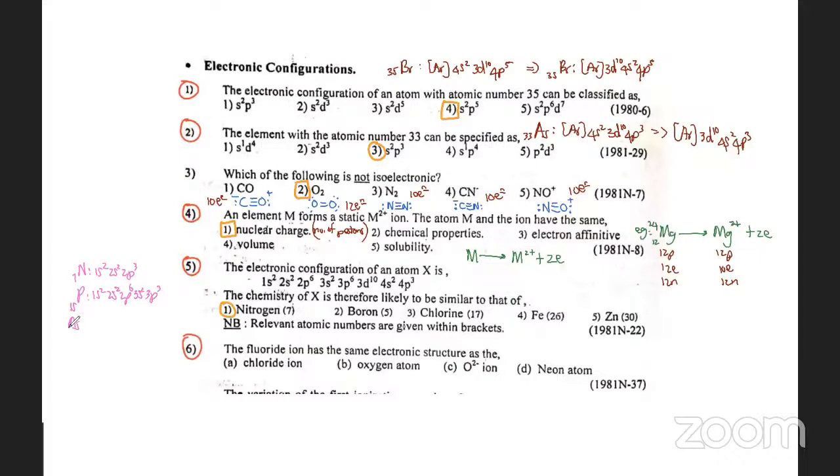Likewise, arsenic, which is 33, you write it until argon, 4s2, 3d10, 4p3. So their electronic configurations all end in ns2 np3. They all have similar properties.